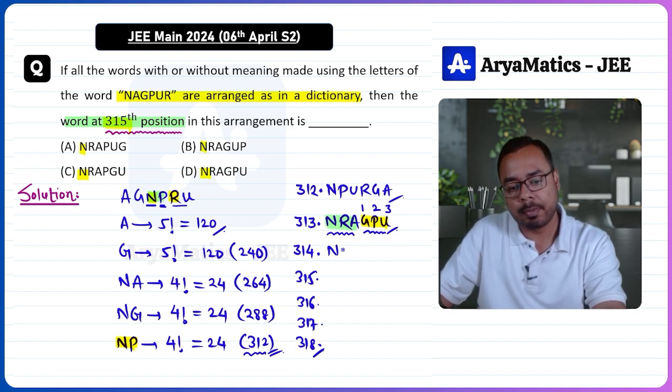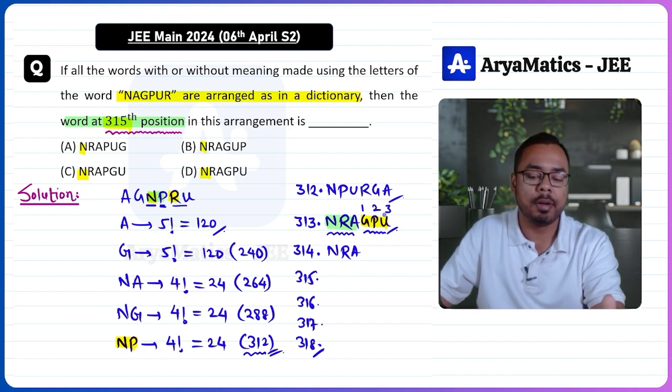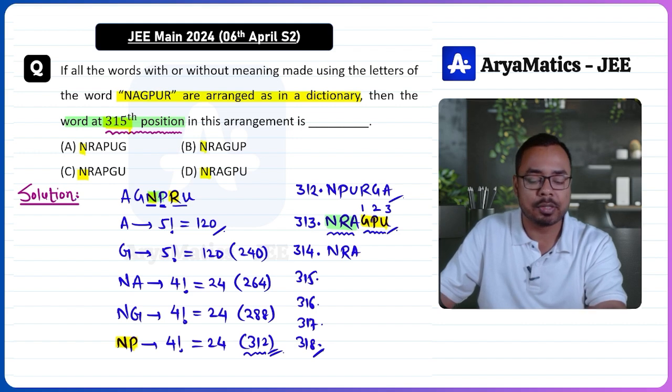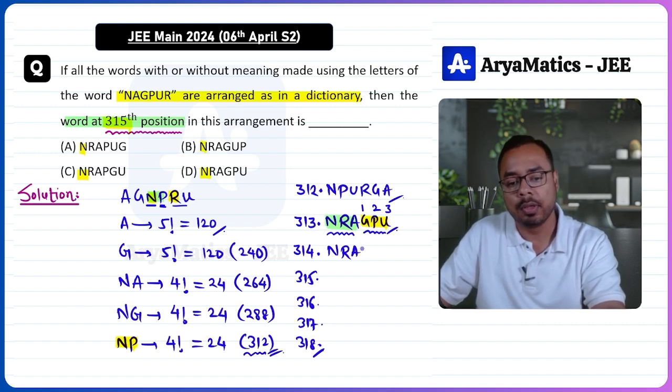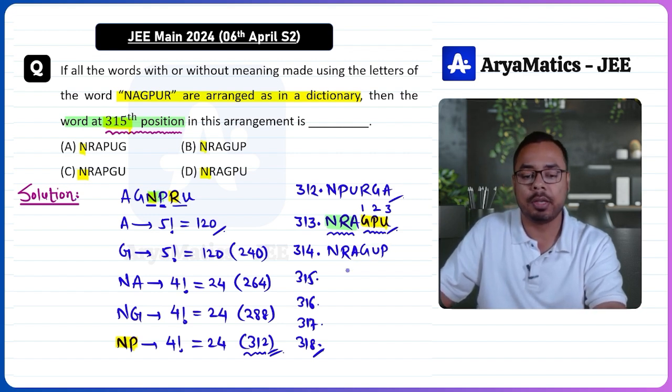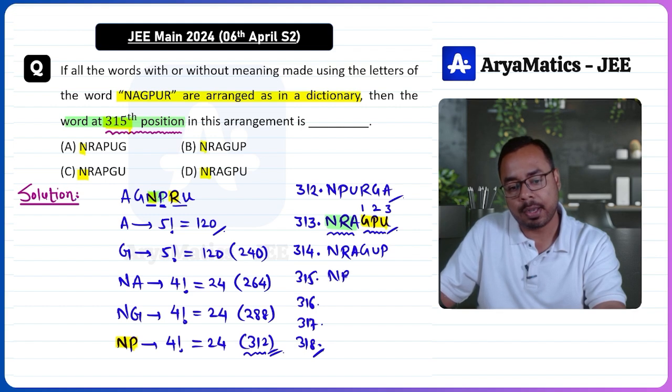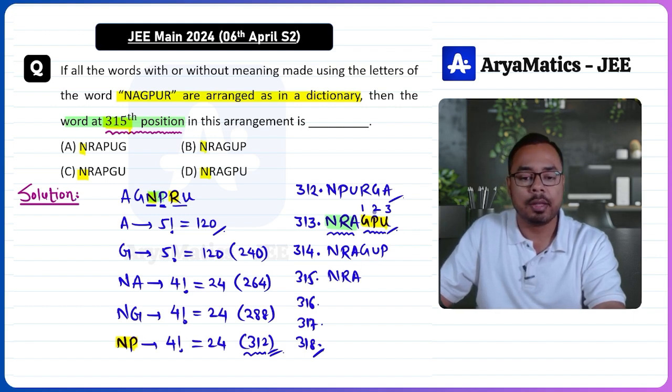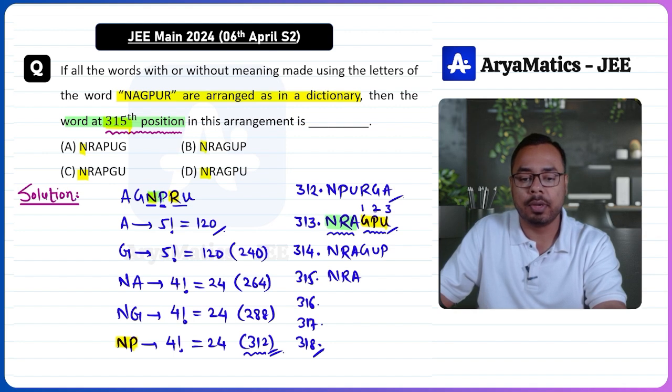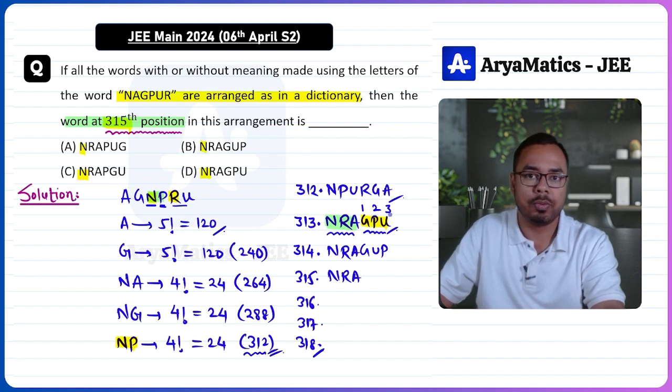So the next word will be NRA, and then after 1, 2, 3, the next number starting with digit 1 using the digits 1, 2, 3 will be 1, 3, 2. That means the next word has to be ZUP. Here 1 is representing Z, 2 is P, and 3 is U. Next one should be NRA, and after 132, the next will be 213, the next smallest number.